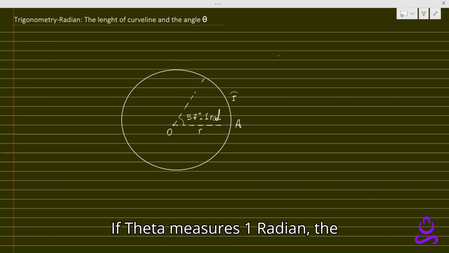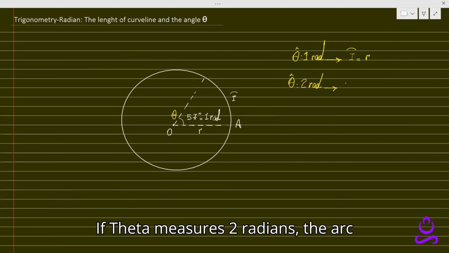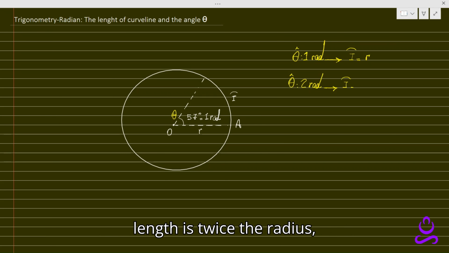If theta measures 1 radian, the arc length is equal to the radius. If theta measures 2 radians, the arc length is twice the radius, and so on.